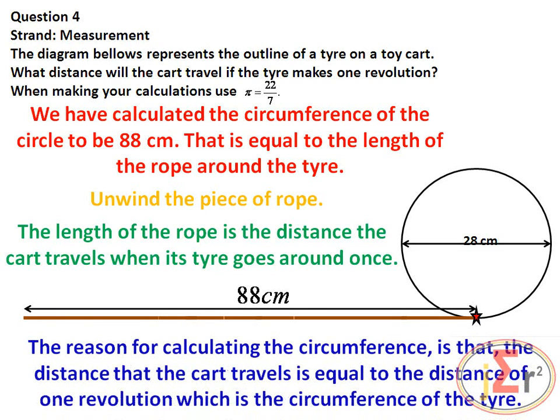The reason for calculating the circumference is that the distance that the cart travels is equal to the distance of one revolution, which is the circumference of the tire.